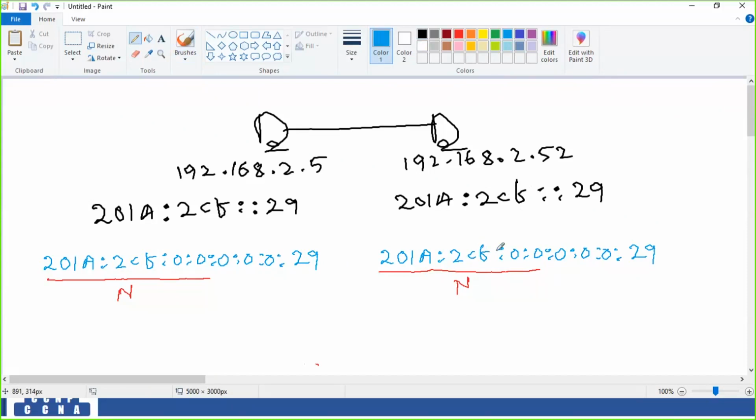No, same host. The host portion should be unique. So in the host portion you can change the 5th field or 6th field or 7th field or 8th field. Any field you can change. Generally it is 20, 29 and it is 30. Now will they communicate? Yes, you can communicate.